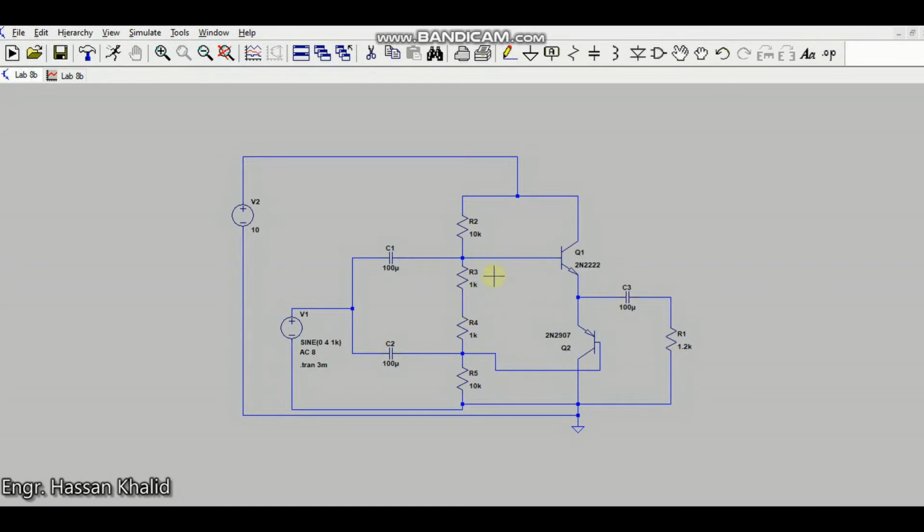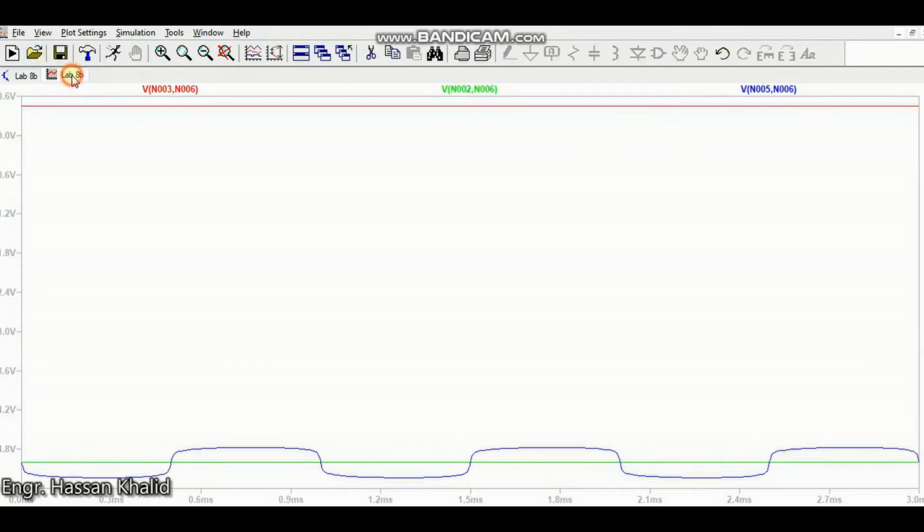Now I have fixed the internal loop resistance of 1k over here, and both are the same, so that they could share an equal amount of voltage. Now just place the reference cursor over here and click it once. This one is the input voltage, this one is the output voltage. Let's check whether the crossover distortion has reduced or not. Let's zoom it.